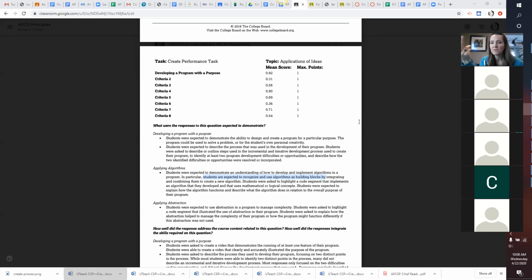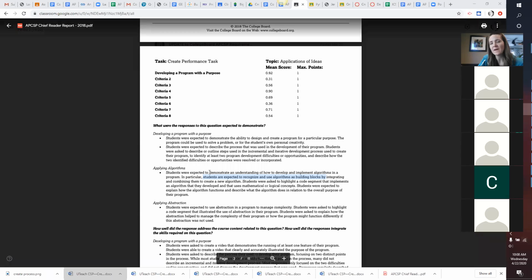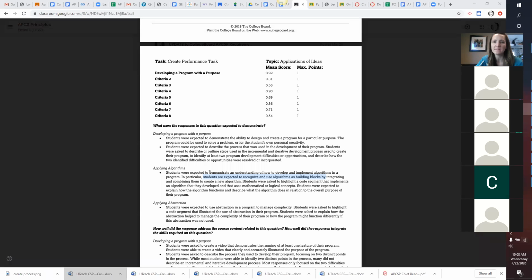So if they're looking for you to recognize an algorithm, make it really obvious that you can. This is an algorithm because it uses selection. It's an algorithm because it's dependent on sequencing, or because it uses iteration, whatever those things are. Make it easy for the grader to quickly give you that point. Oh, this student absolutely knows what an algorithm is. They're using the definition of the algorithm right here in their response.